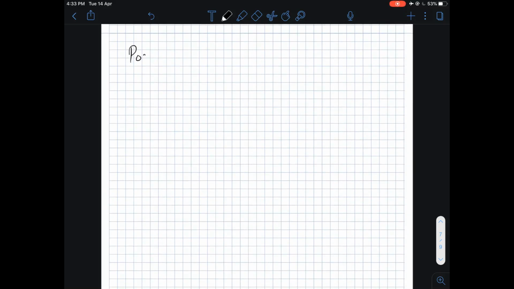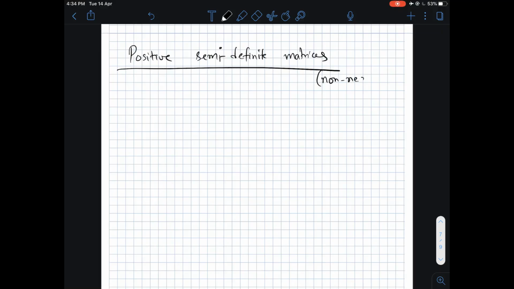Let me make one very quick definition: positive semi-definite matrices. Here we attached semi to definite, right? Positive definite matrices are like positive numbers. These are like non-negative numbers.